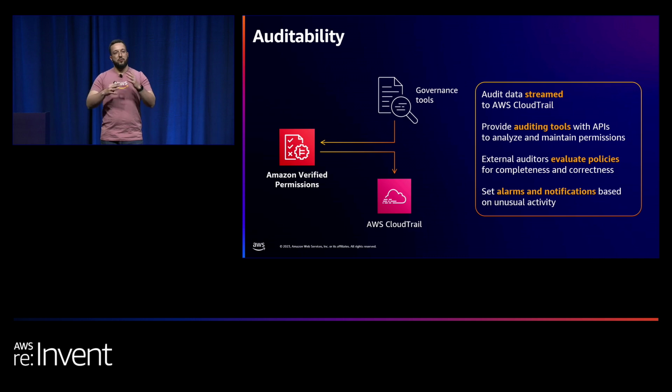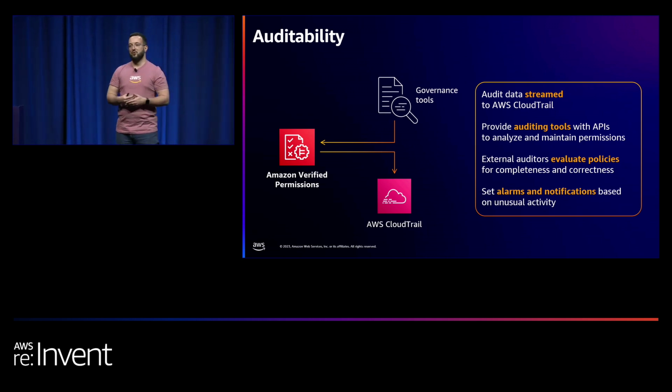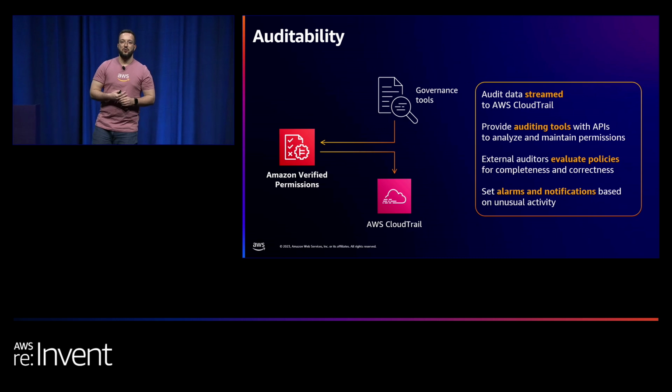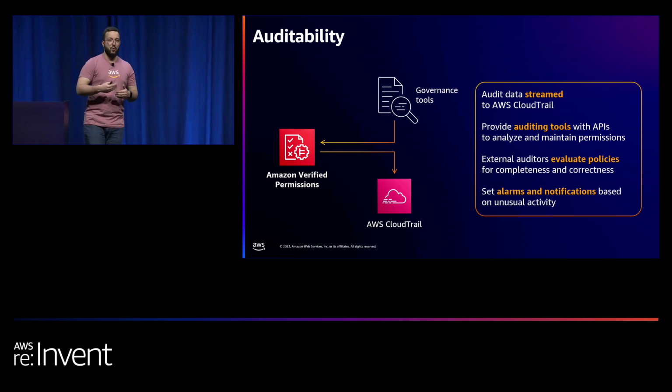So without anything, you will already see those inside your AWS CloudTrail logs. Then you can define custom trails, filter based on the source of that trail, and monitor all the changes that are happening in terms of management of your policies within Amazon Verified Permissions.